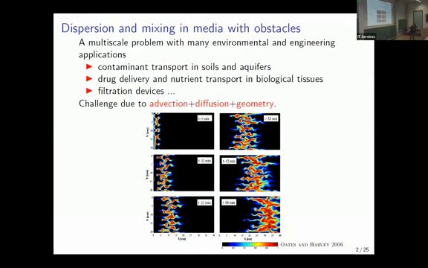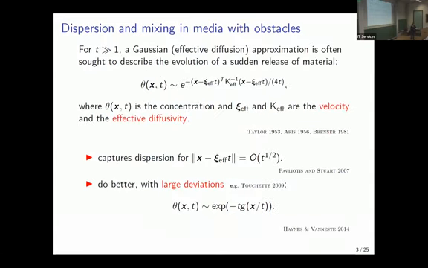These pictures are at larger length scales, so sort of like a more macroscopic picture of the previous figure I showed. And the question is, can we obtain a coarse-grained description of the evolution of the concentration and the chemicals in such media? Okay, so this is a very long-standing problem.